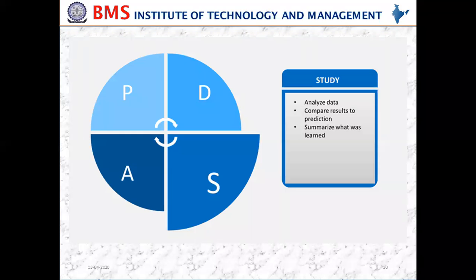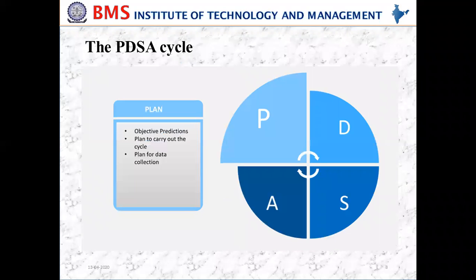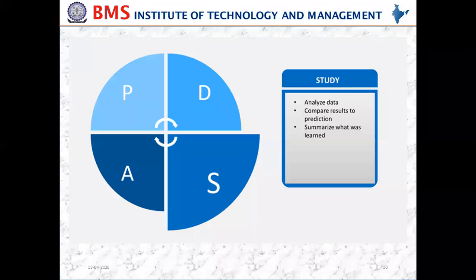In the plan phase, we told that objective predictions means what you are going to expect in the result, and also plan to carry out the cycle means how to carry out the work that you have planned. So here objective prediction is nothing but predicting the results you want to get at the end of the do phase. Then compare the results with the prediction, and summarize what was learned from that.